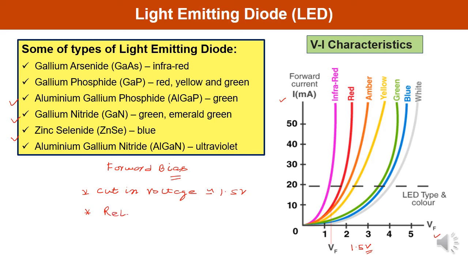This is the case when the applied voltage is greater than 1.5 volt. So this is how you can explain the characteristic and you can plot it.